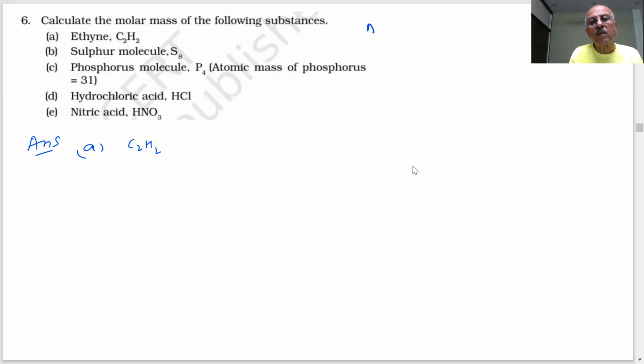What are the atomic masses, students? Carbon, how much? 12. Hydrogen, 1. Sulfur, what is the atomic mass of sulfur?